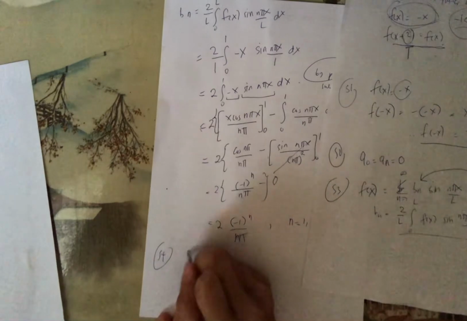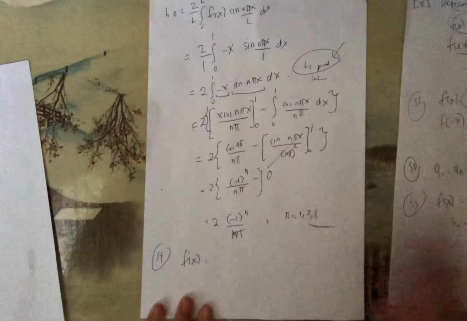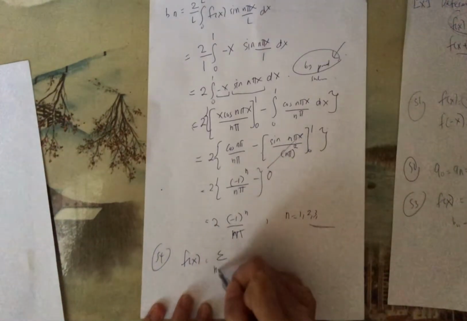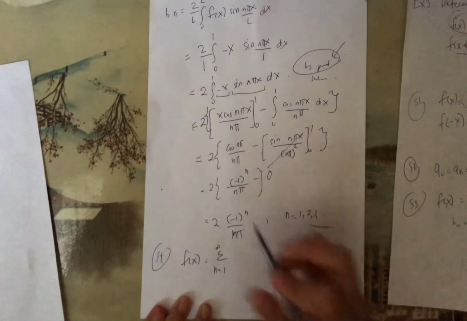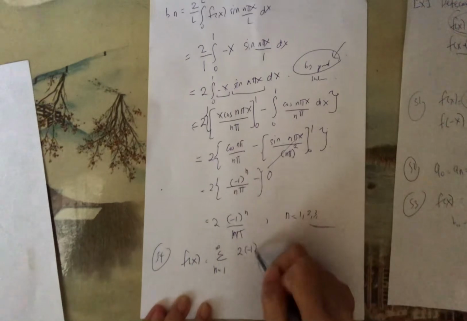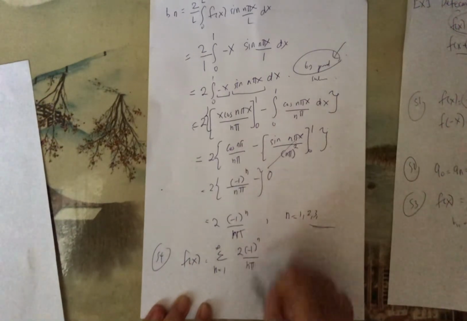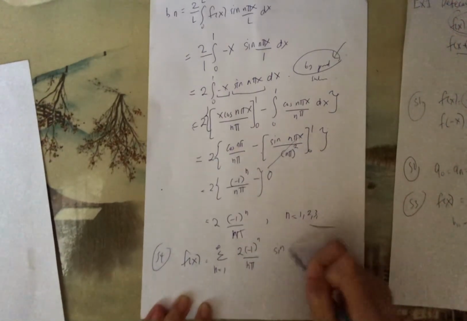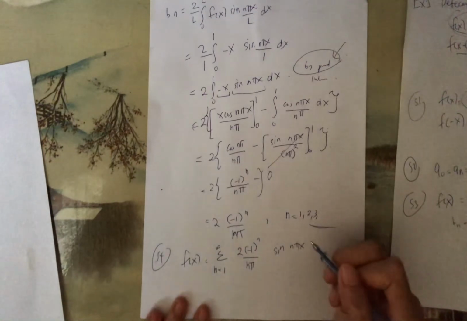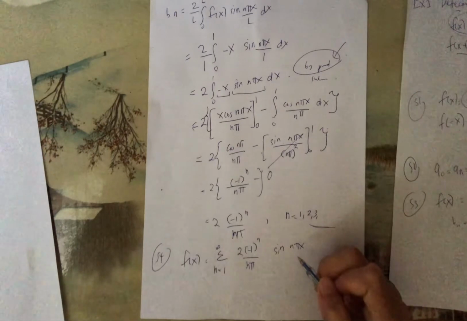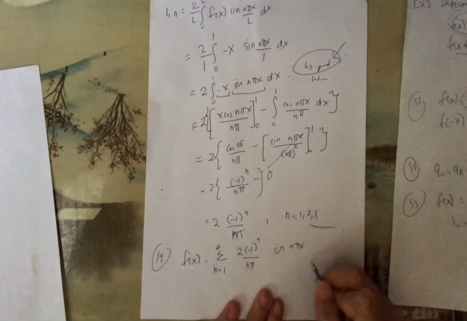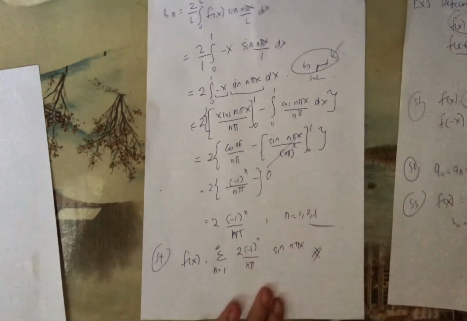So summation, n equals 1 to infinity. Okay, then what is your Bn just now? 2 negative 1 to the power of n over n pi, and then sine n pi x over L, is it? So L, you just leave it there, because we know that L is 1. So therefore, this is your final answer.